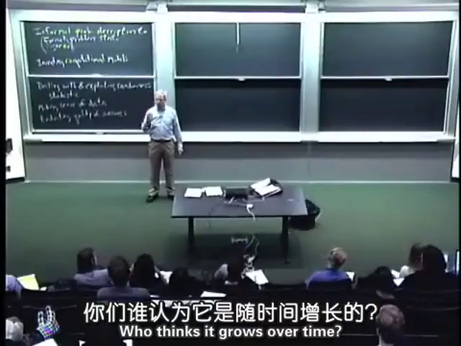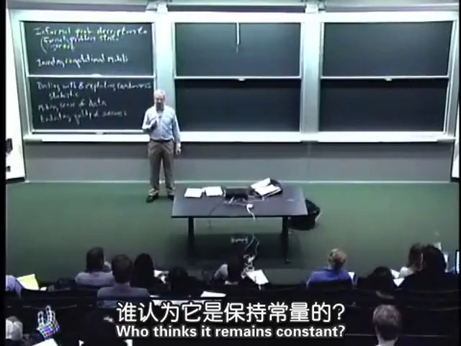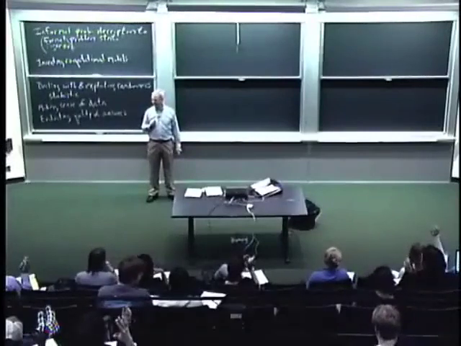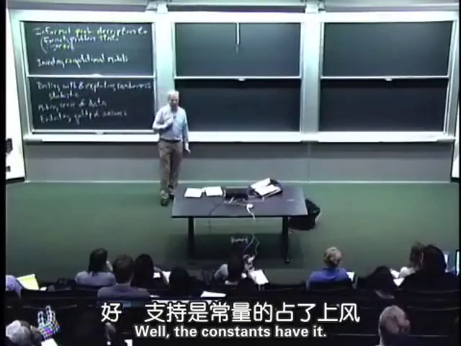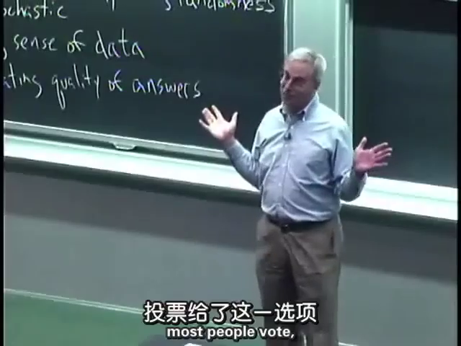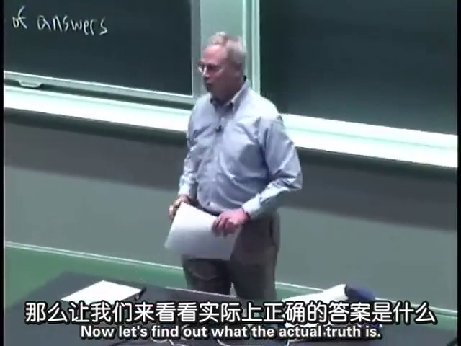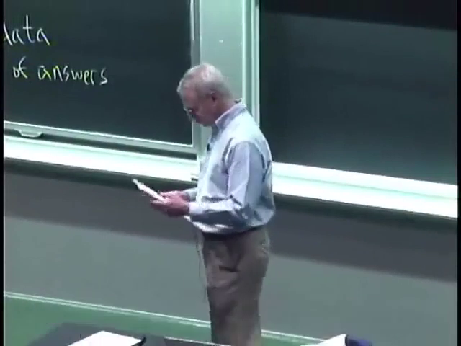Who thinks it grows over time? Who thinks it remains constant? Well, the constants have it. But just because that's the way most people vote, it doesn't make it true. Now let's find out what the actual truth is.